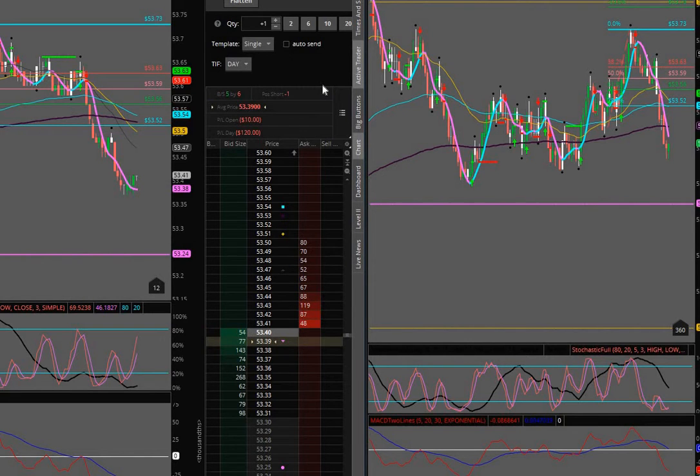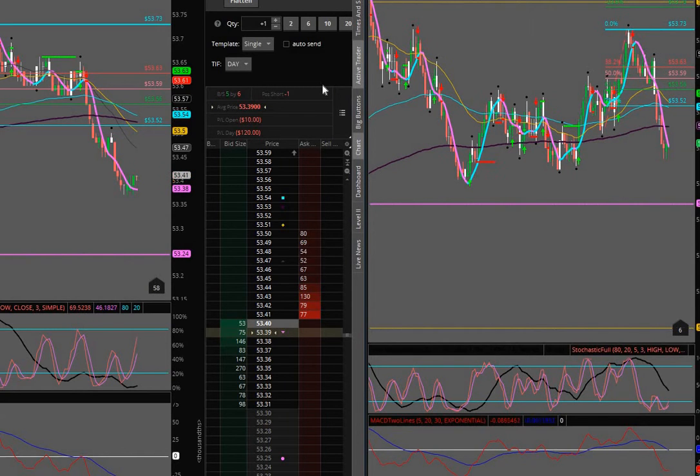We know that we have pullbacks, we know that we have profit taking, and I tend to find once you have had more than 3 to 4 trades in a row in a current trend, the risk grows dramatically that you are going to have quite a pullback or a change in trend, even if just for the short term. So just keep an eye on how many trades you've actually had in that trend.